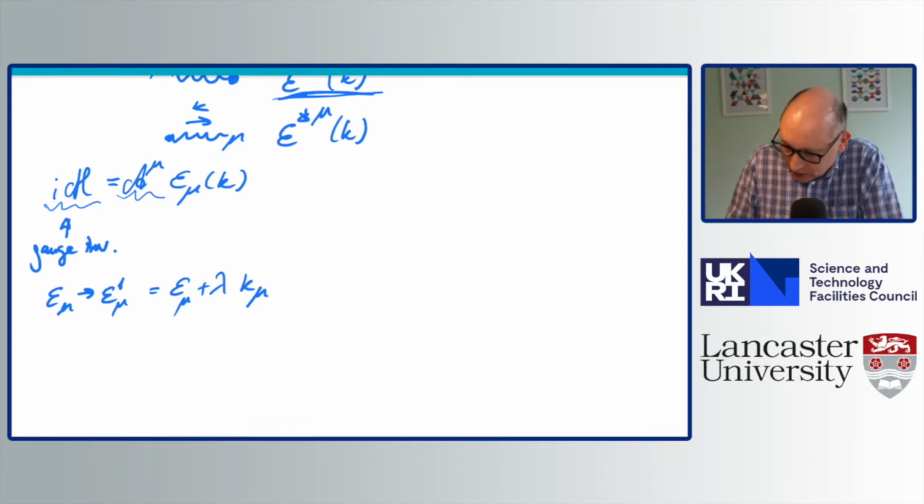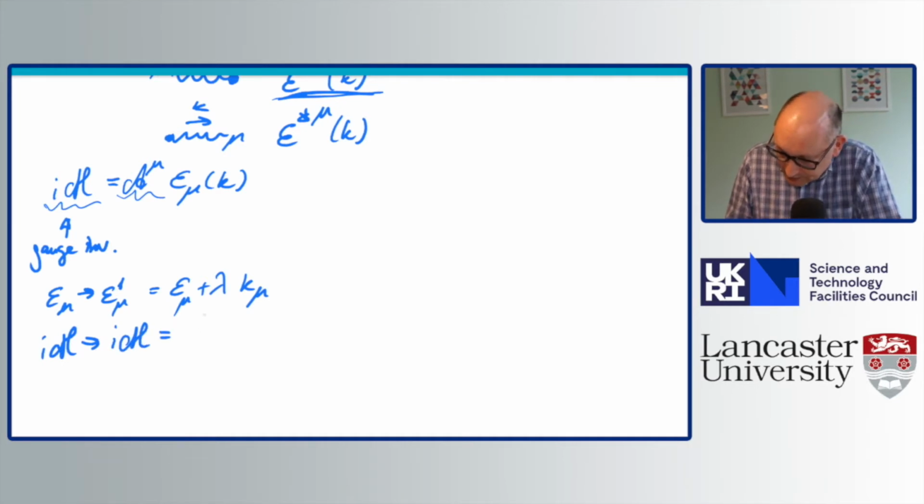So if the left-hand side is invariant under a gauge transformation, then on the right-hand side, M goes into M, but the gauge transformation leaves the same A mu and then an epsilon mu plus lambda k mu.